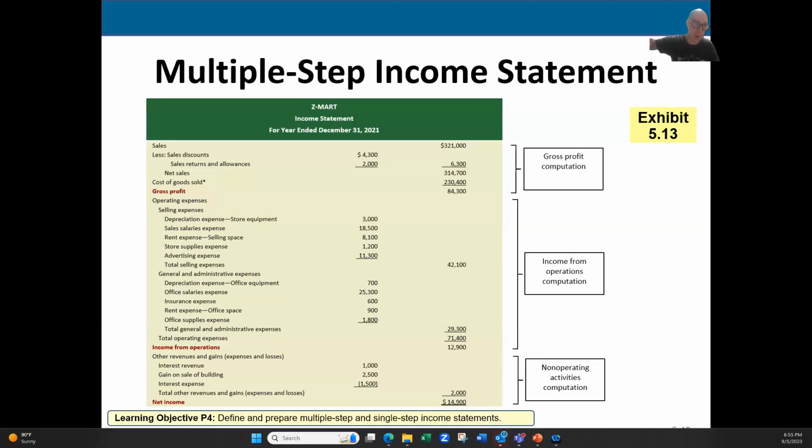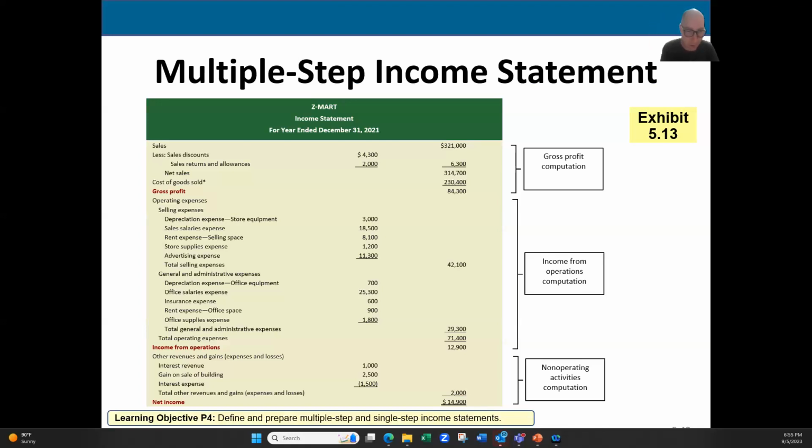The way it works is at the top, we have our sales, minus our discounts, minus our sales returns and allowances, equals our net sales, minus cost of goods sold, equals gross profit. Below that, we have all of our operating expenses listed out: selling and general administrative expenses, other expenses, total operating expenses.